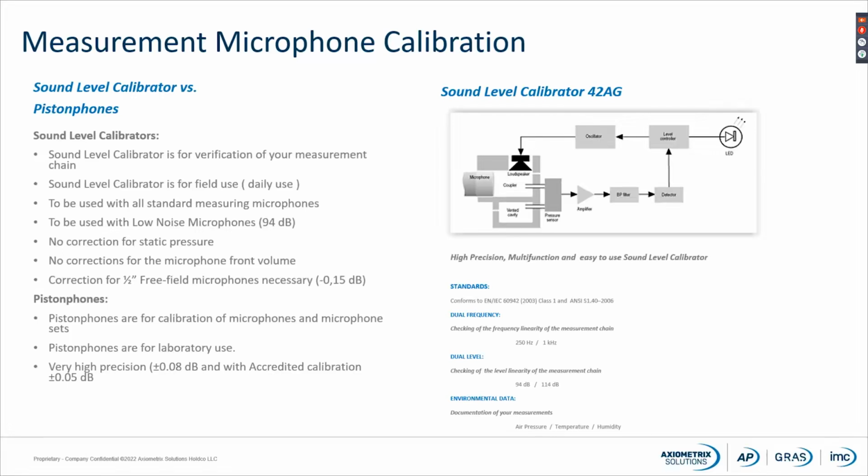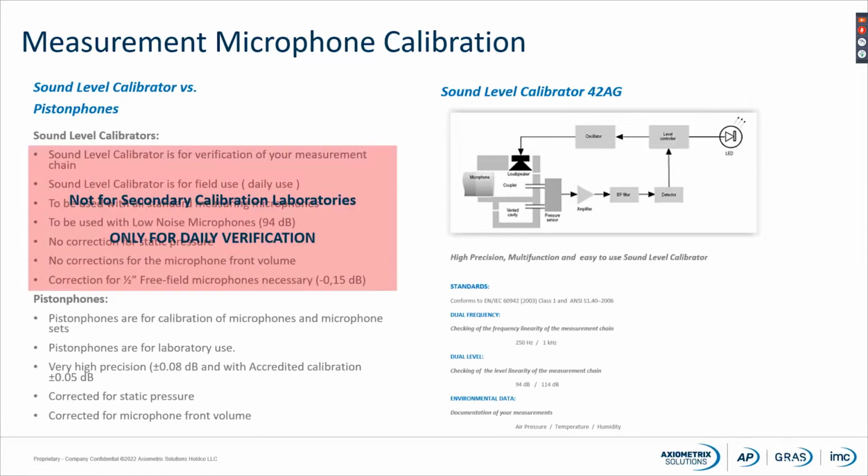With an accredited calibration, you can obtain a better uncertainty of plus minus 0.5 dB. You have to correct for the static pressure, and you also have to correct for the front volume of the microphone.